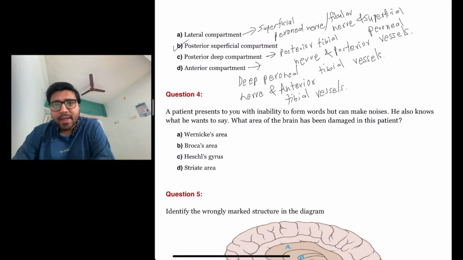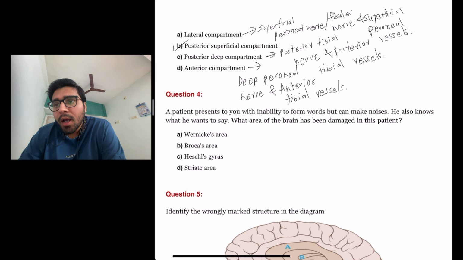Now move on to the next question. A patient presents to you with inability to form words but can make noises. He also knows what he wants to say. What area of the brain has been damaged in this patient?